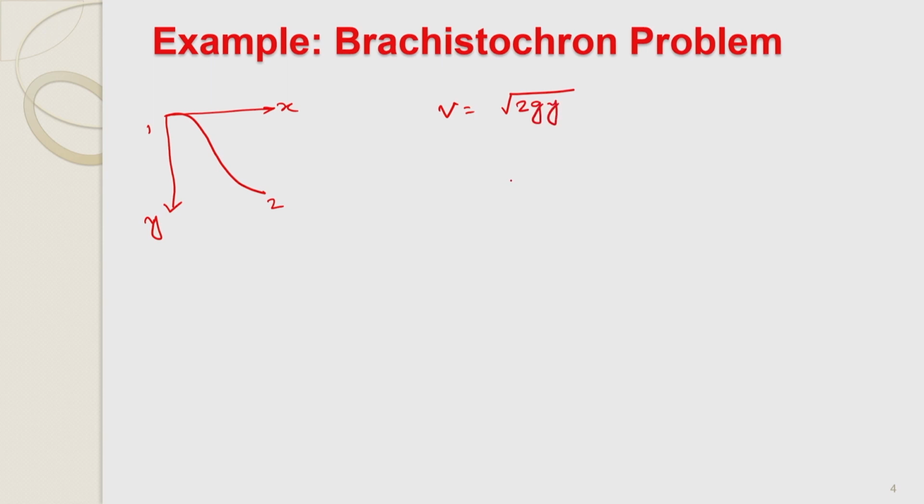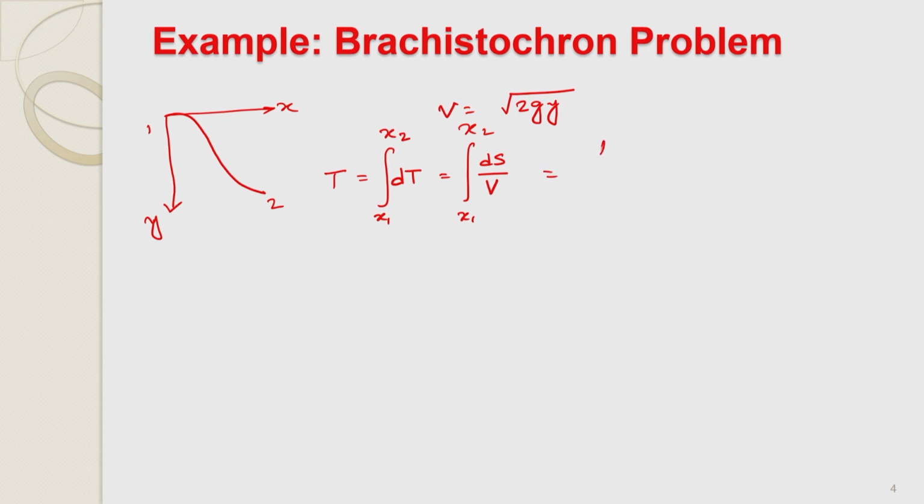Now, when the particle travels a differential distance ds, then the time is ds by v. Now, the total time to travel from point 1 to point 2 can be obtained by integrating from x1 to x2. This is our total time.